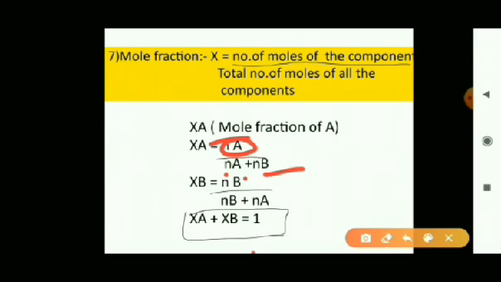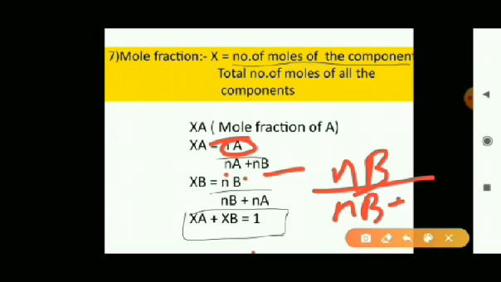Similarly, for the mole fraction of B, we write the number of moles of the component, Nb, divided by Nb plus Na, the total number of moles of all the components.